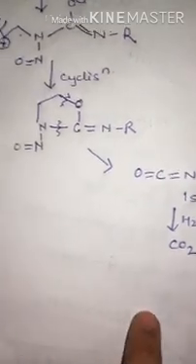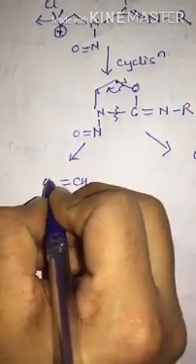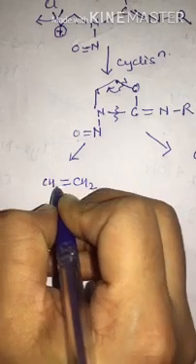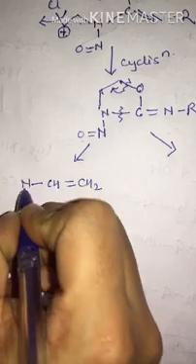Now we'll see what is left with the structure. The left part is, here it is CH2, there is CH2, then there is N, N and O. We just have to adjust the bonds. So this bond will move here to form a double bond. So we have with us CH2, double bond CH, then which is bonded to the nitrogen.